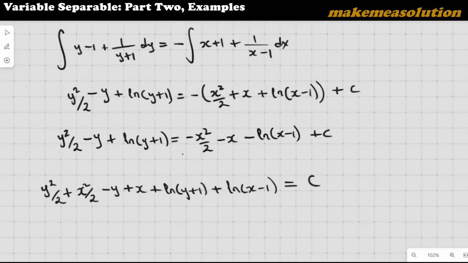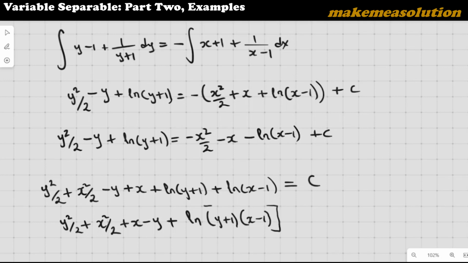We can also say y squared over 2 plus x squared over 2 plus x minus y plus ln, applying the law of logarithm, y plus 1 multiplied by x minus 1, okay, so this actually works like this, is equal to c.